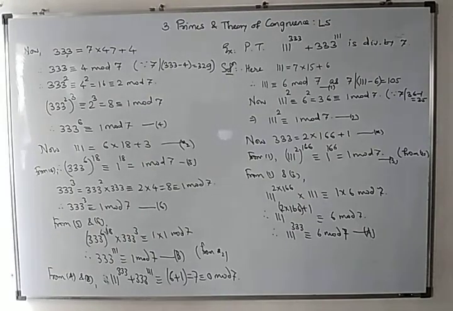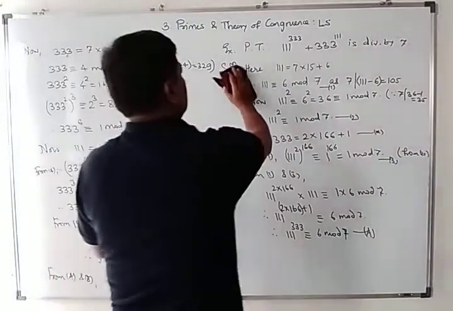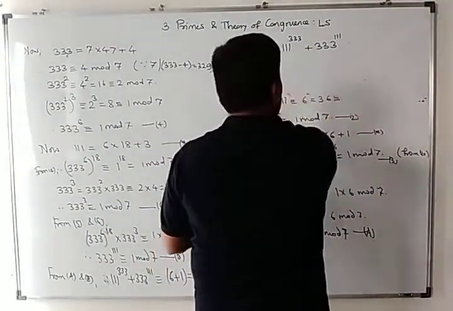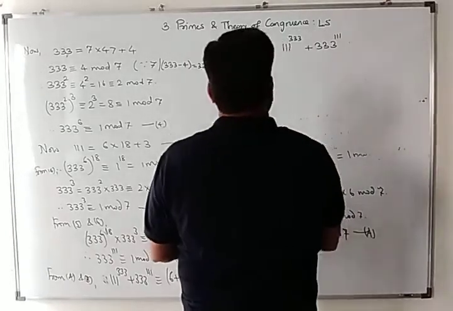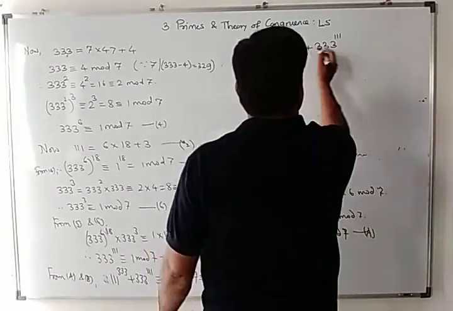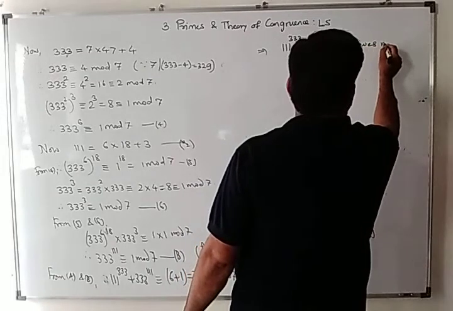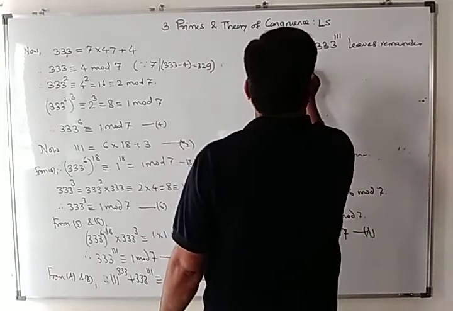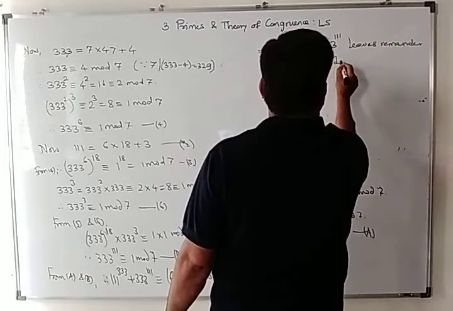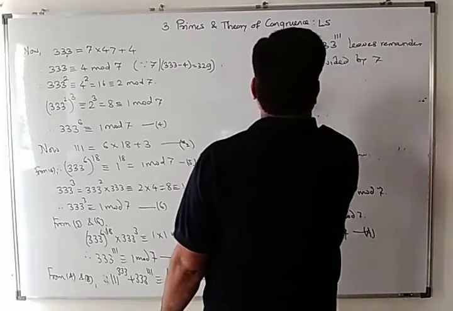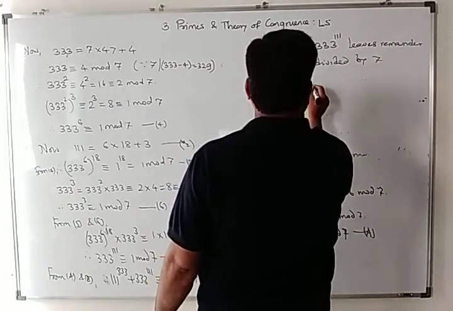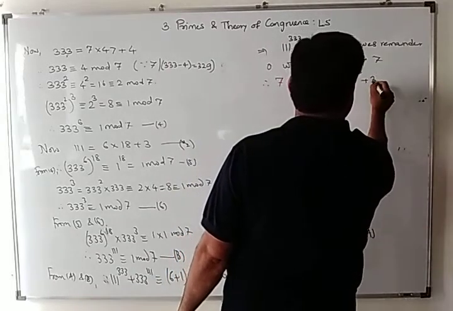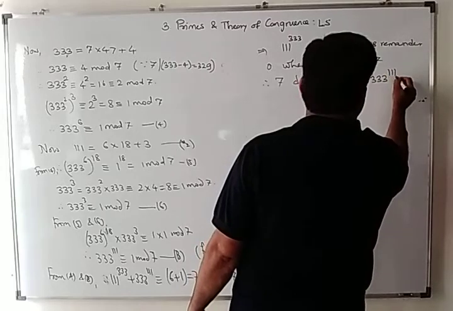Therefore, this leaves the remainder 0 when divided by 7, and therefore 7 divides 111 raised to 333 plus 333 raised to 111.